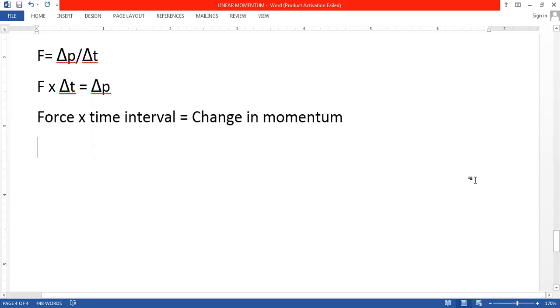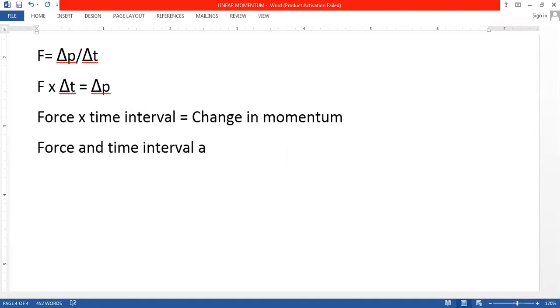Now, try to understand force and time interval. Force into time interval is equal to change in momentum. Means here, the relation between force and time interval is that they are inversely proportional.